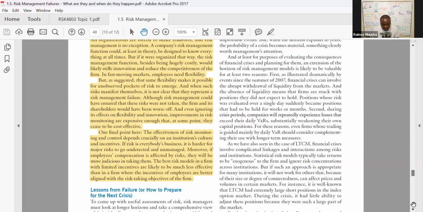And even ignoring its effects on flexibility and innovation, improvements in risk monitoring are expensive enough that at some point they cease to be cost effective. One final point here: the effectiveness of risk monitoring and control depends crucially on an institution's culture and incentives.